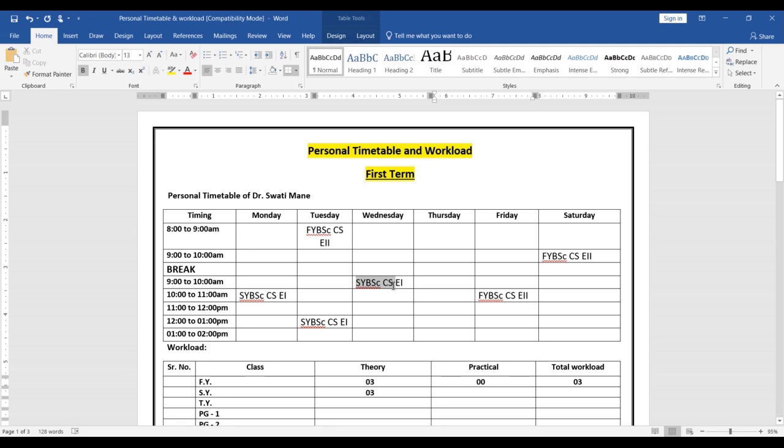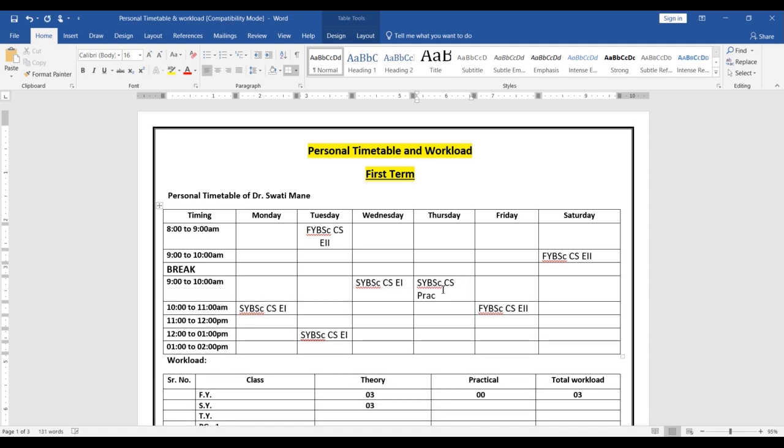Now suppose for SY I have practical, then I have to mention the practical slot. Suppose I have practical on Thursday, it will start at 9 o'clock. For batch 1 I have practical, so I have to mention all the practical slots allotted to me.